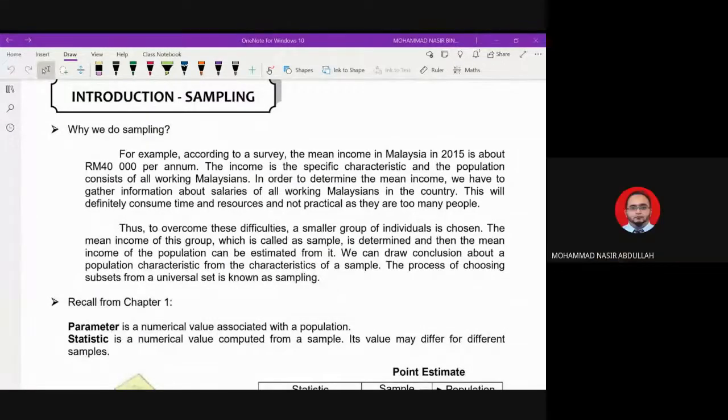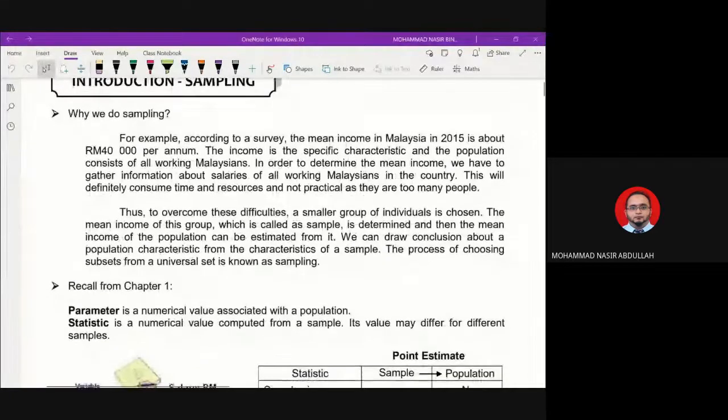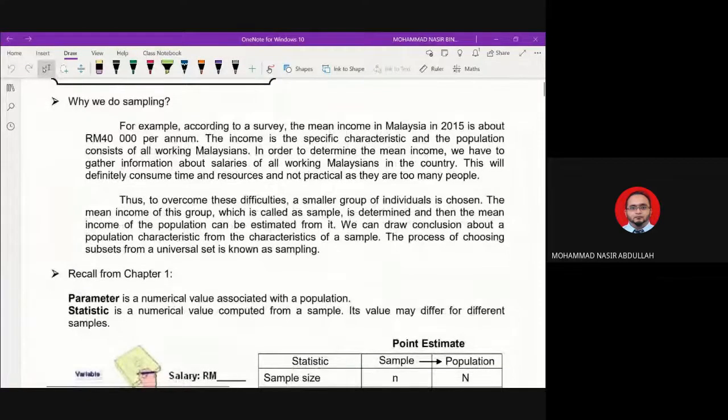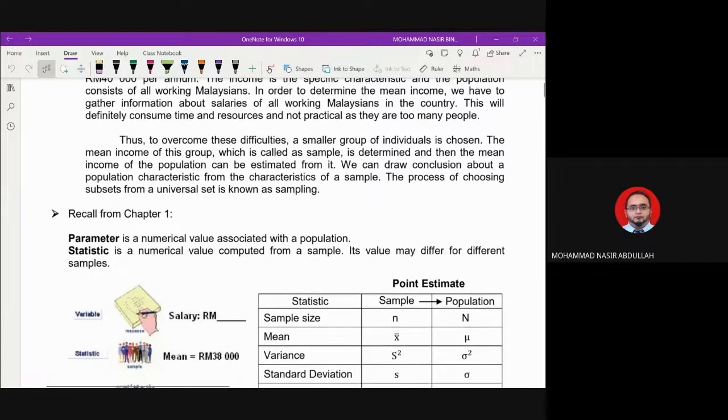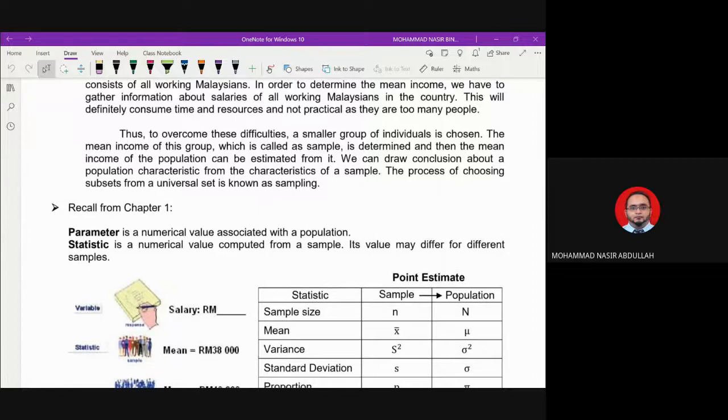So now why do we do sampling? Because when we have a very large population, it is nearly impossible to take all members in the population. So that's why we do a sampling process, so we can infer back to the population, right? That is the purpose of doing sampling.